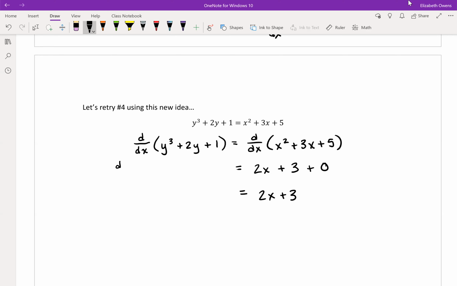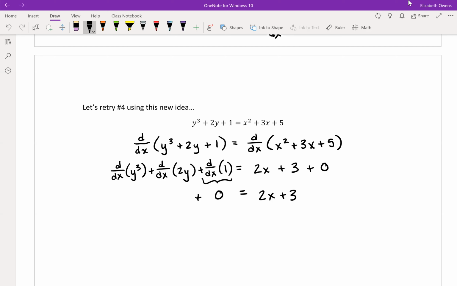So we could take the derivative with respect to x of y cubed plus derivative with respect to x of 2y, and the derivative with respect to x of 1. And one of those is still nice. It's this one right here. The derivative with respect to x of a constant, like 1, is still 0. So that's nice. It's the other bits that give us a little bit of hassle.